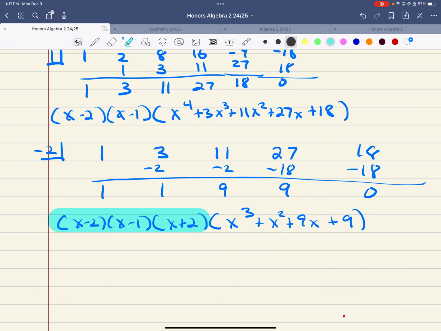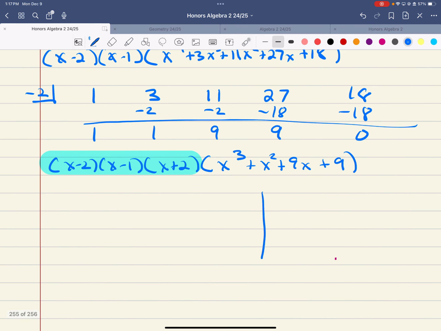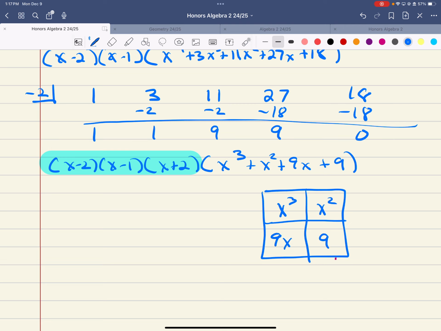I've got 4 terms now, so I'm going to try the box method. Since we're down to 4 terms, let's try the box method. x cubed, x squared, 9x, and 9.